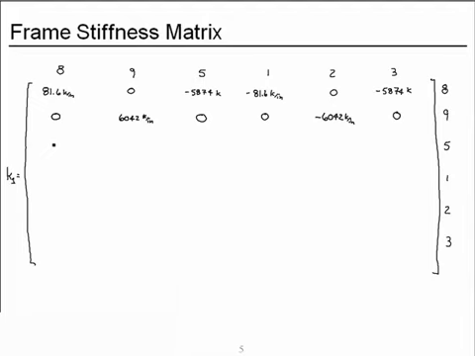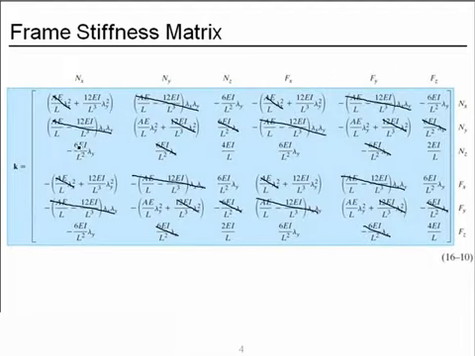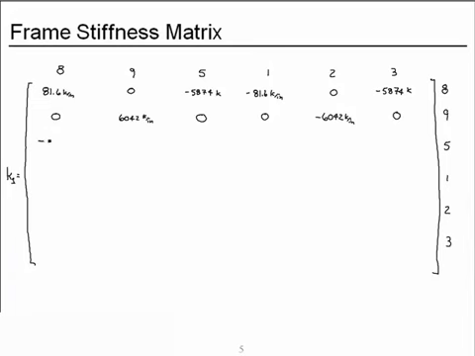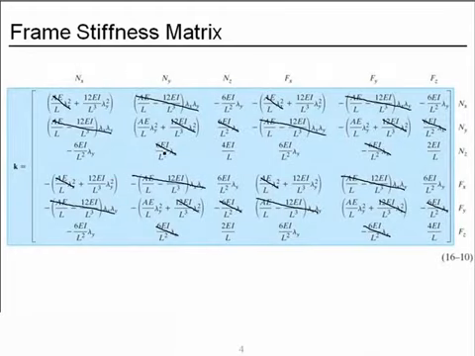Our third row. First column is minus 6EI over L squared. Fourth column is 6EI over L squared. And 6EI over L squared is 58.74 kips. Fourth column is a positive 58.74 kips. The second and fifth columns are both 0.